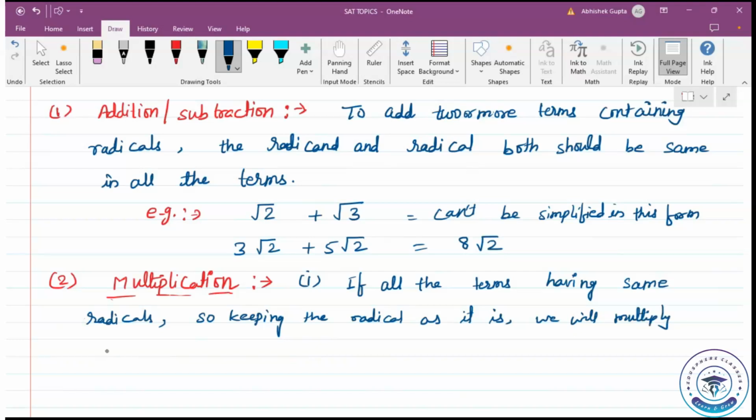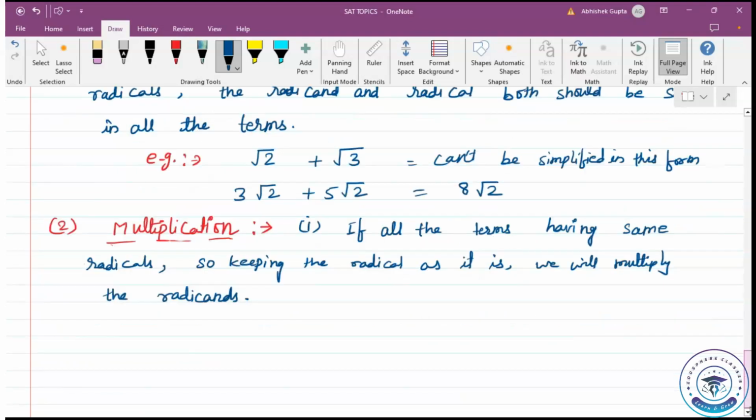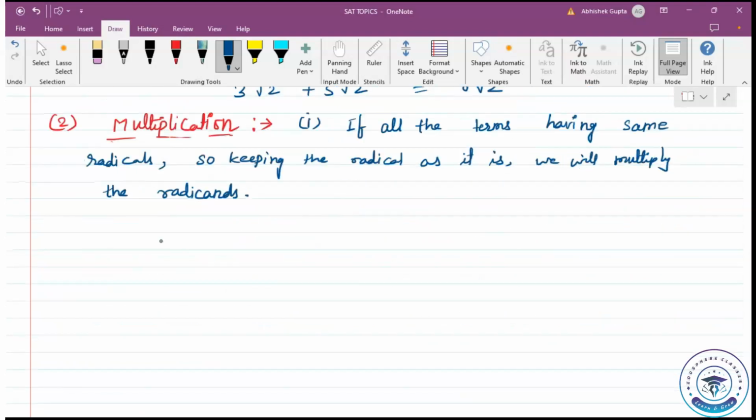For example, square root of 5 times square root of 9. The radical is the same, but the radicands are different.